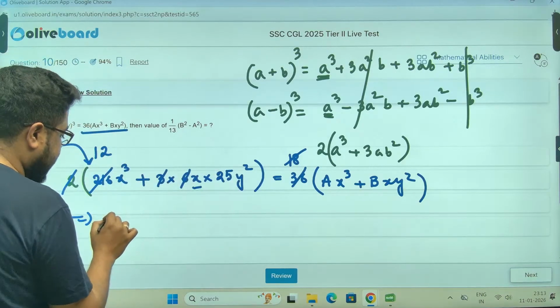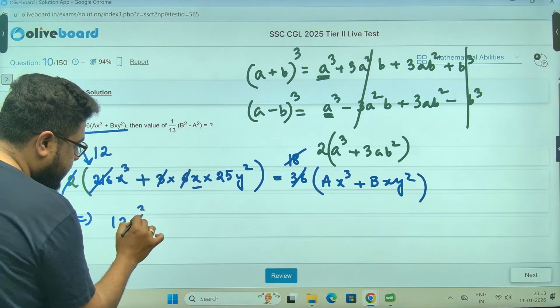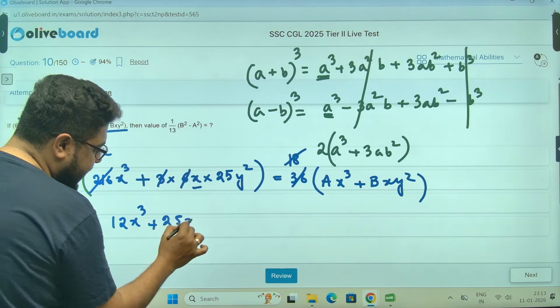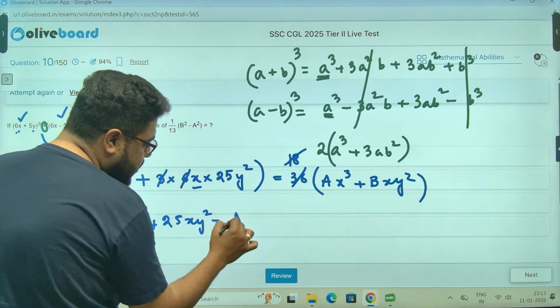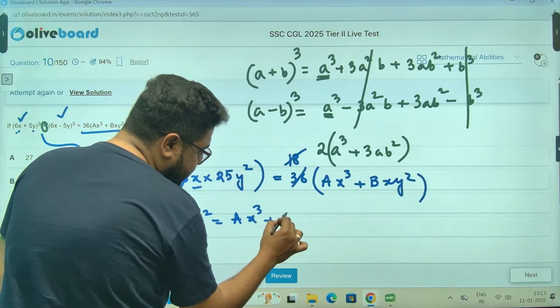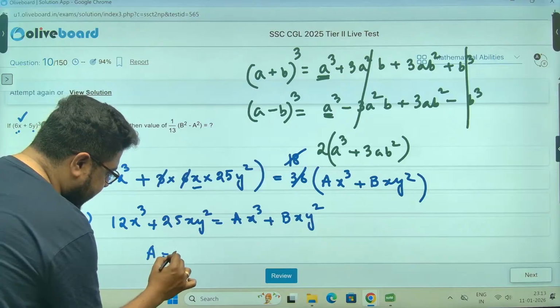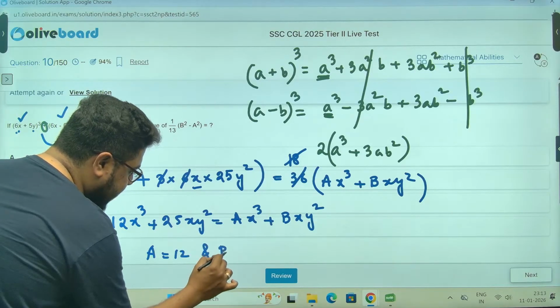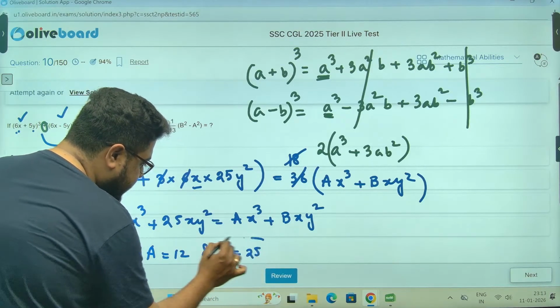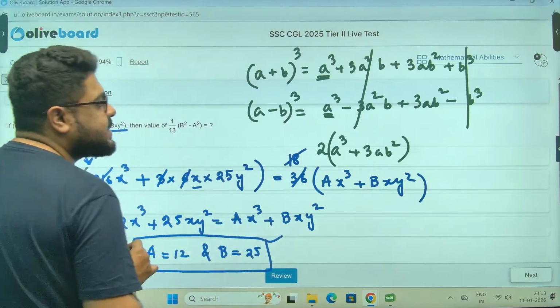So again I am getting 12x cube plus 25 xy square is equal to ax cube plus bxy square. So can I simply say that A is 12 and B is equal to 25?